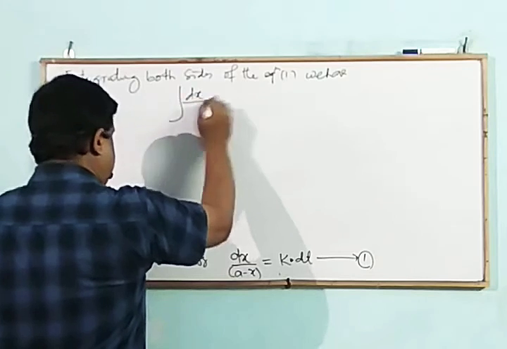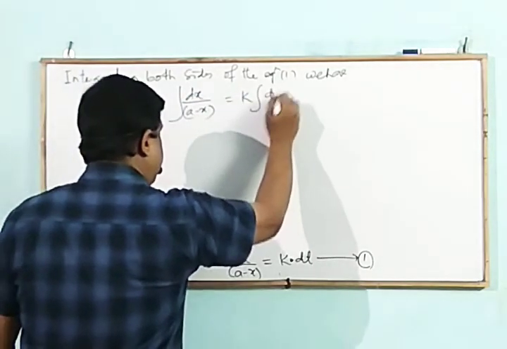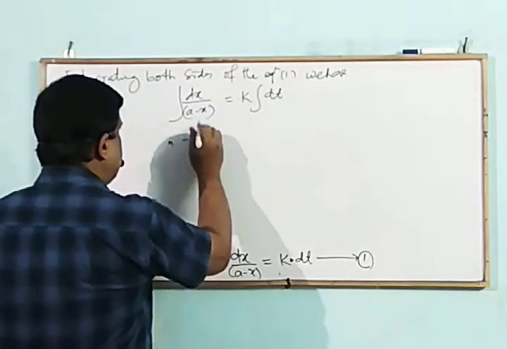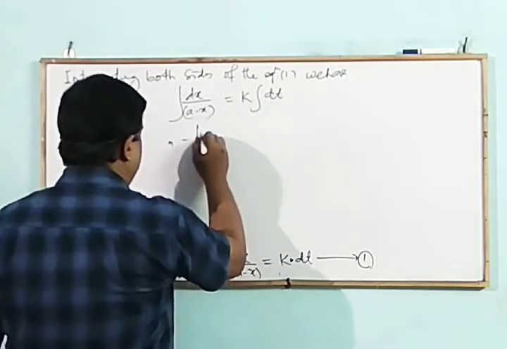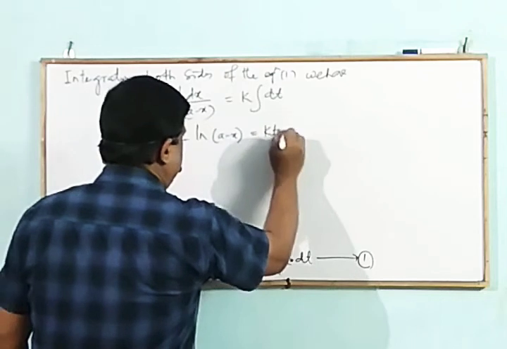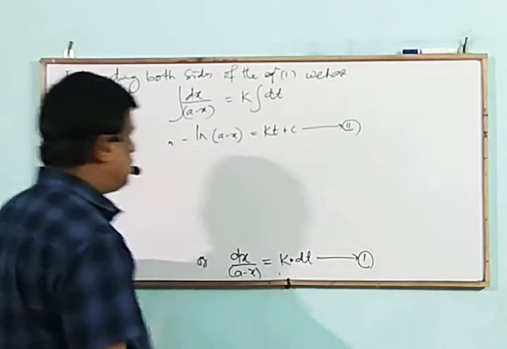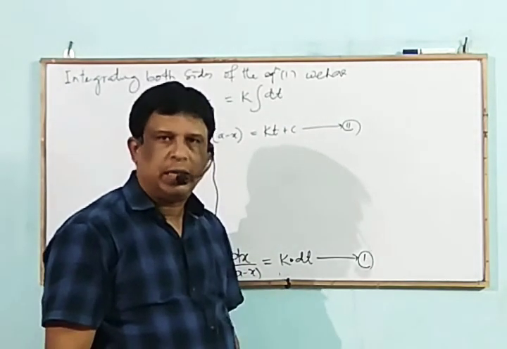Integration of dx by a minus x is equal to k into integration of dt, which gives minus ln a minus x is equal to kt plus c, equation 2, where c is a constant, the integration constant for the first order kinetics.